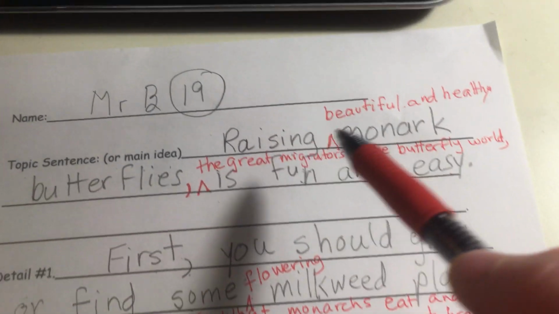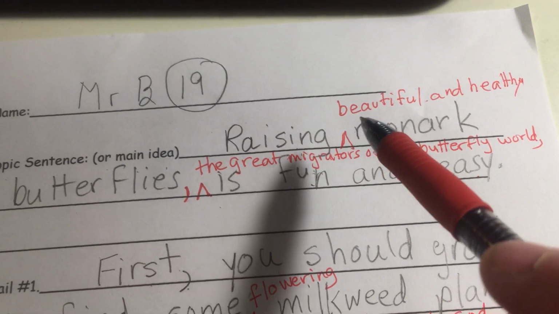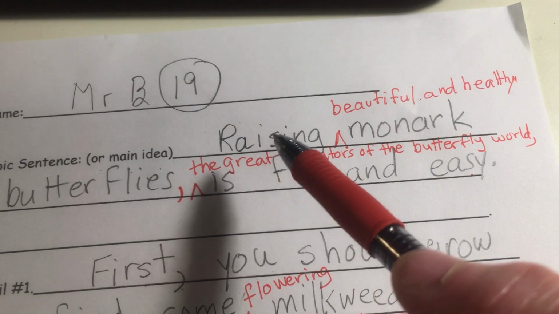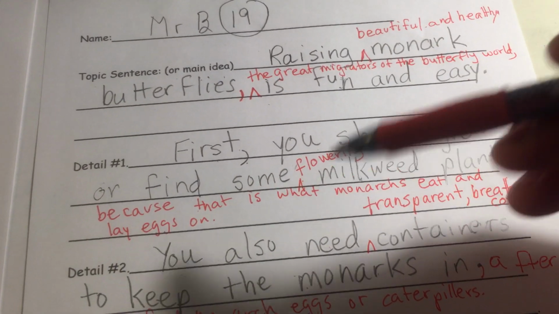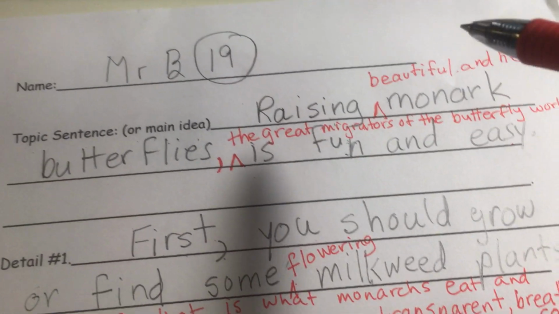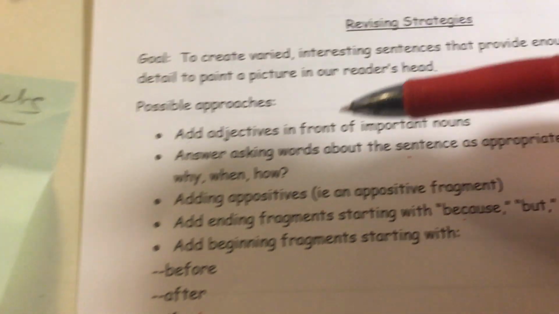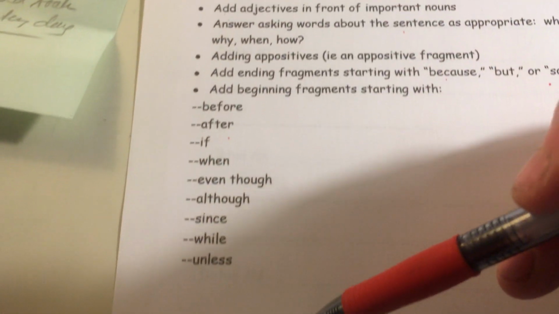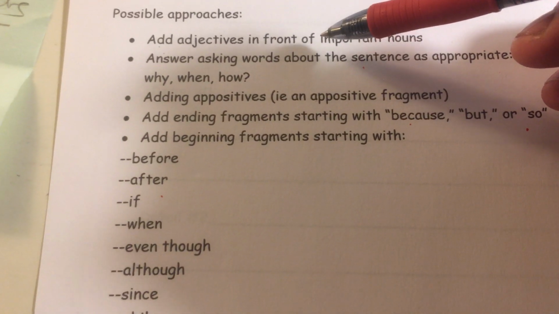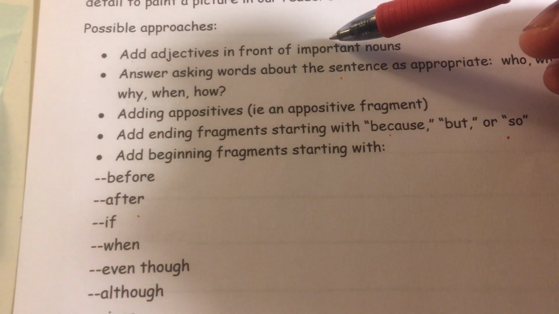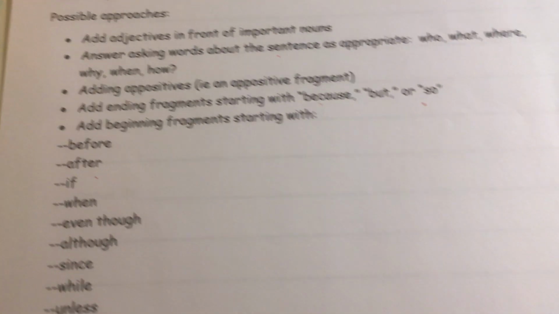So your job today, first grade, is simply to take your sloppy copy and go through and follow these hints about ways to add details. Definitely go through and find the main noun in each sentence.